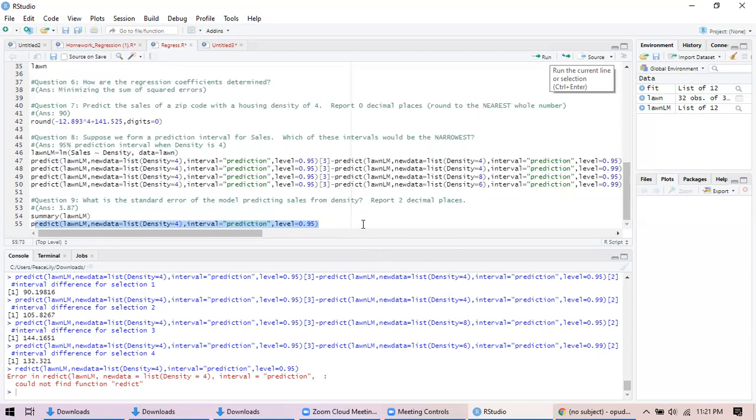At the end of level equals 0.95, try typing this in.